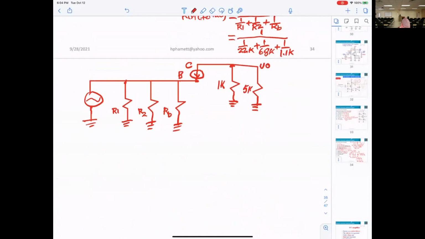Going down here, R prime E. This is the emitter.